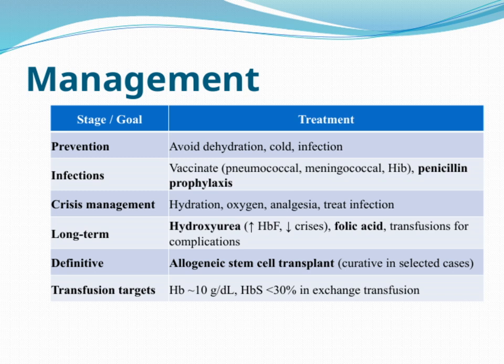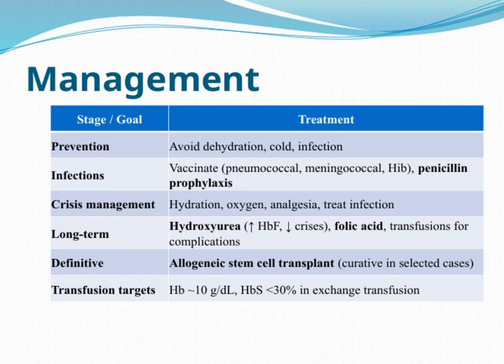In the event of a crisis, the primary focus is on supportive care, ensuring adequate hydration, providing oxygen if needed, managing pain with analgesics, and treating any underlying infections promptly. For long-term management, hydroxyurea plays a vital role. It increases fetal hemoglobin, or HbF, which helps reduce the frequency of crises.